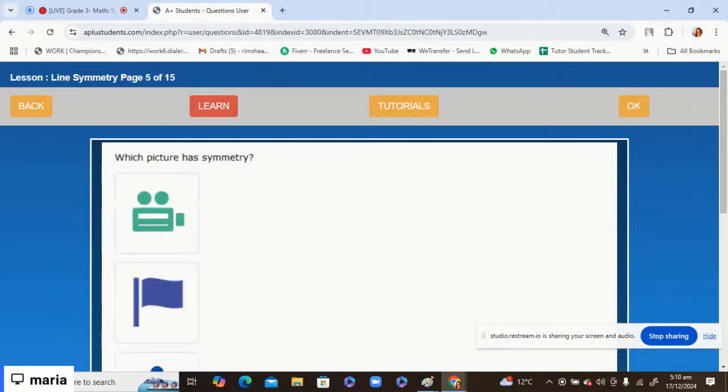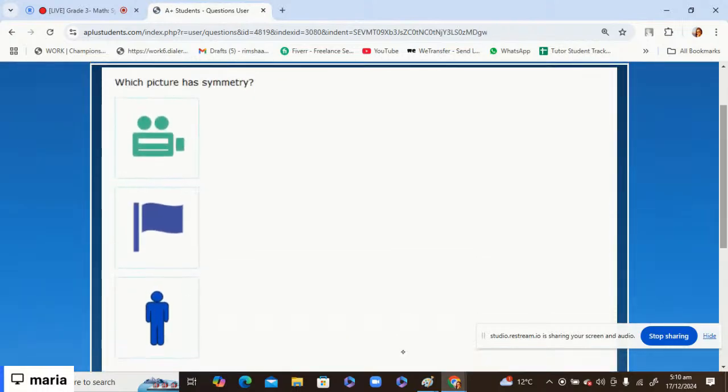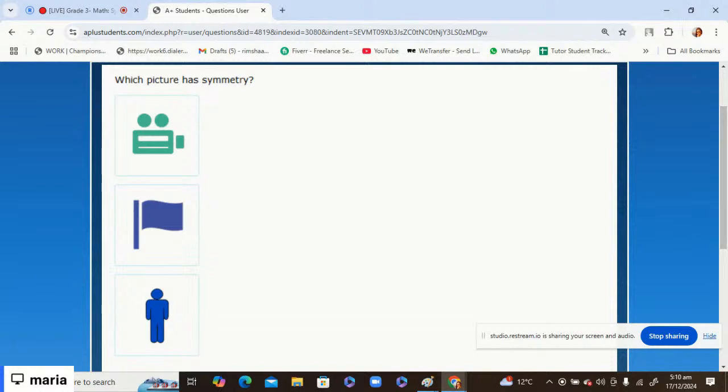Okay. Now tell me this one. Which picture has a symmetry? This is somehow, you can say, different. Tell me now. See the options and then tell me the answer. There are three options here now.